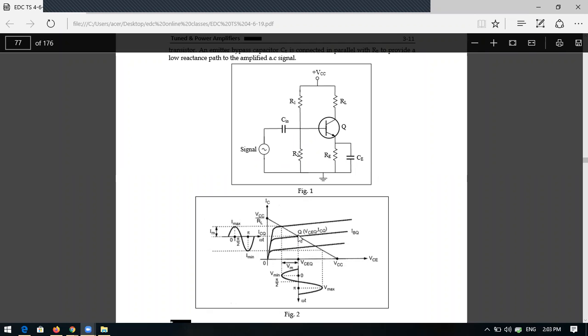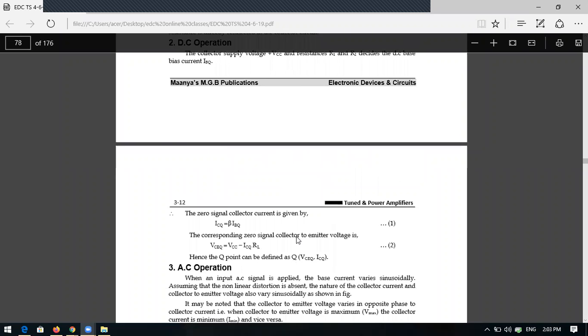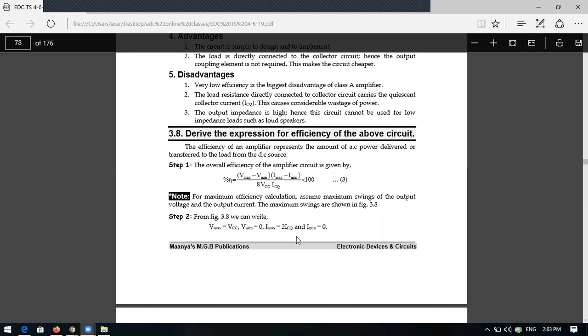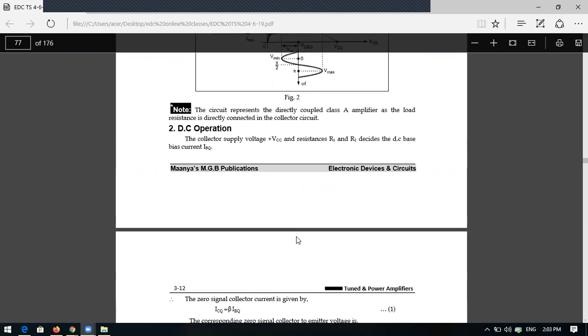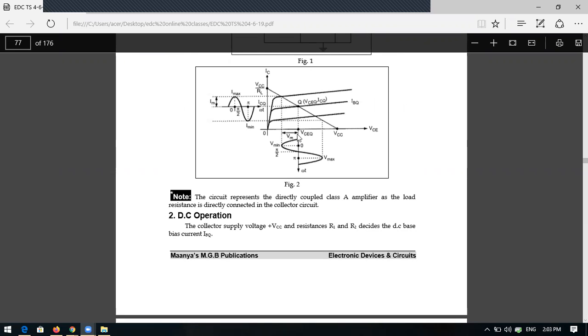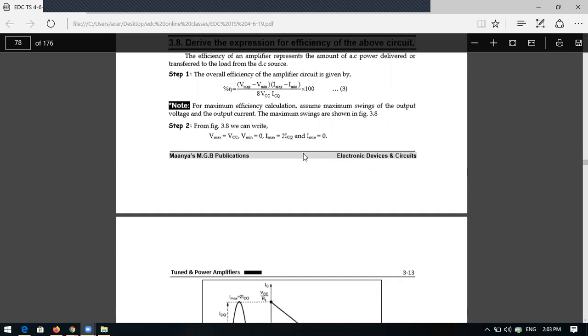Active region of the transistor means exactly the middle of the load line. So there is no distortion because it completely swings. Complete swing is present on the output side. Okay, so that is the distortion.